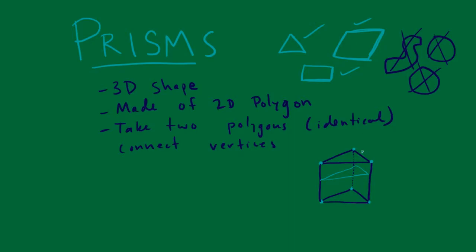We have a special name for the top and the bottom of the prism. We call those the bases. So this has two bases, a top base and a bottom base. And that base really says a lot about what kind of prism it is.